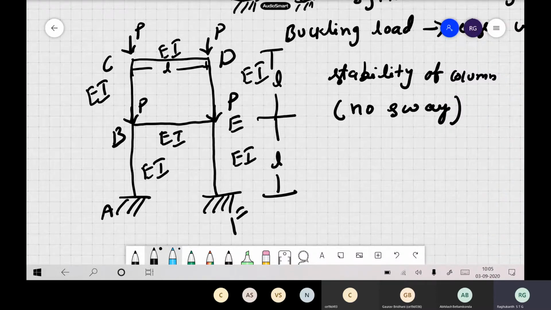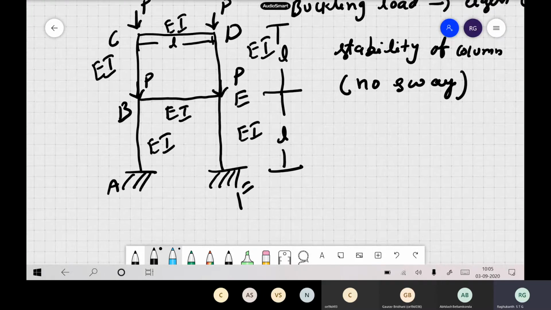You should be able to identify that from the problem. What are the independent variables here, the geometric unknowns you have to assume? How many unknowns are there? Four rotations: theta B, theta C, theta D, and theta E.